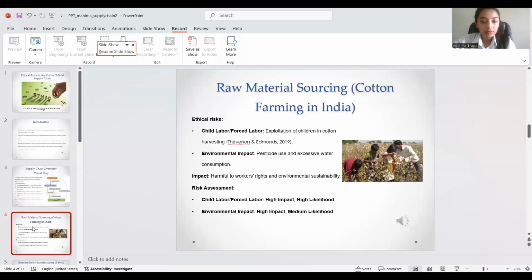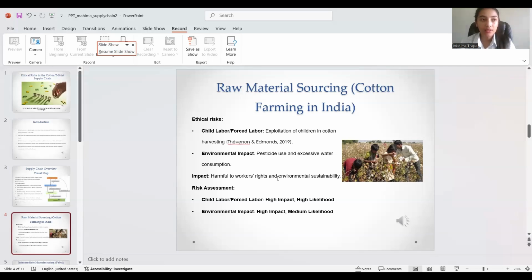Okay, so this is the ethical risk of India in terms of cotton farming. In India, one of the main issues is child labor and forced labor in cotton farming. Also, a large amount of pesticides are used, harming the environment and workers' health.